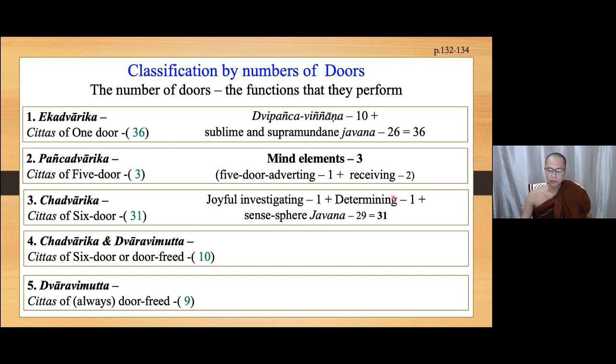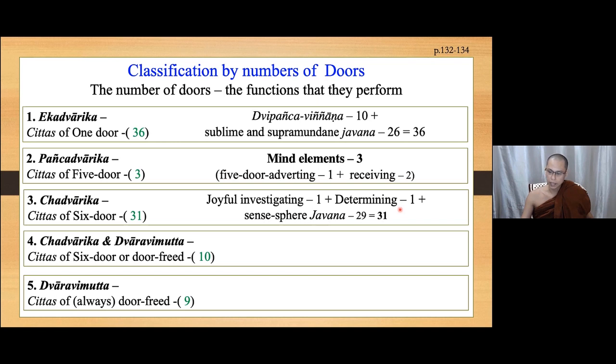So sometimes determinant can also be explained thus: when it performs the function of determining, this type of consciousness, the mind element, can arise in the five doors. So we have to understand that determining consciousness refers to the mind door advertence. When it performs the function of advertence, avajjana kicca, it can arise in the mind door. When it performs the function of determining, votthapana kicca, at that time, it can arise in the five door process.